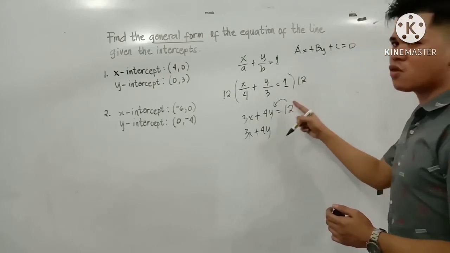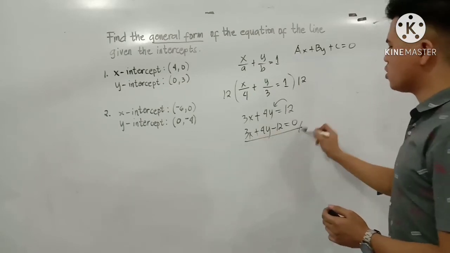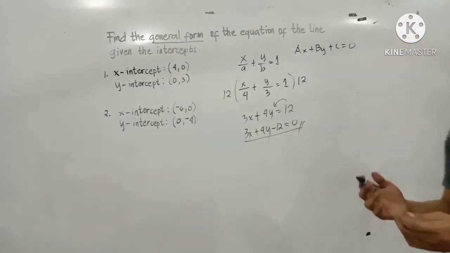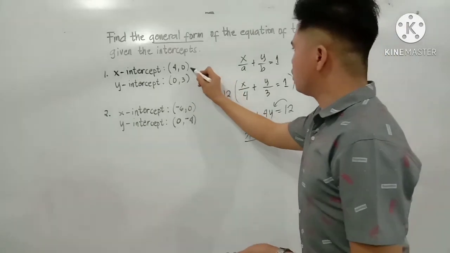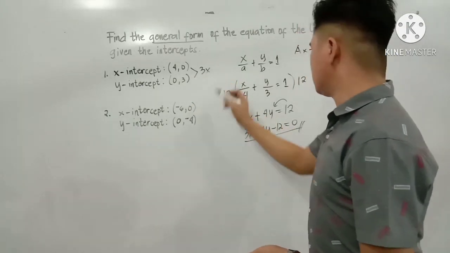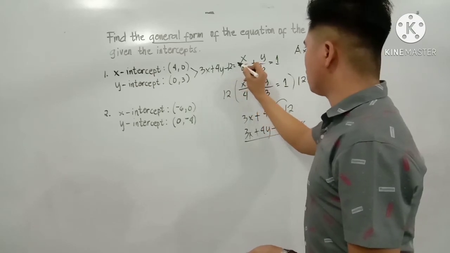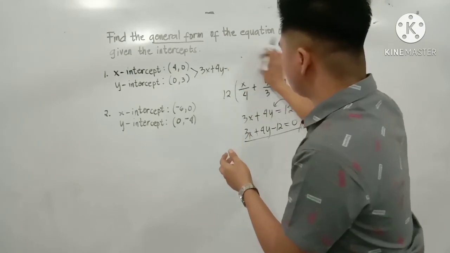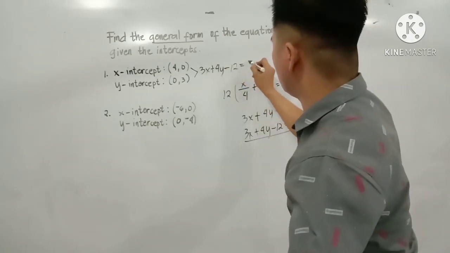Then if we transpose this positive 12, it becomes negative 12 equals 0. This is the general form of this given intercepts. So we have here, the answer for this problem number 1 is 3x plus 4y minus 12 equals 0. So we have now the final equation.